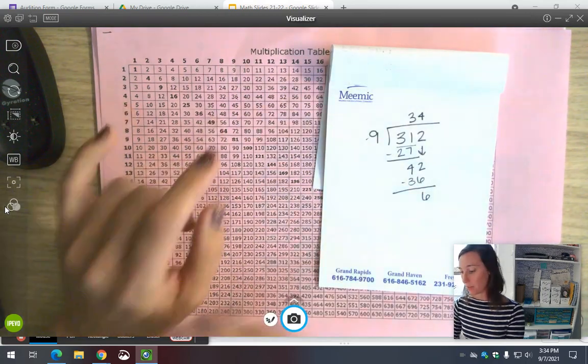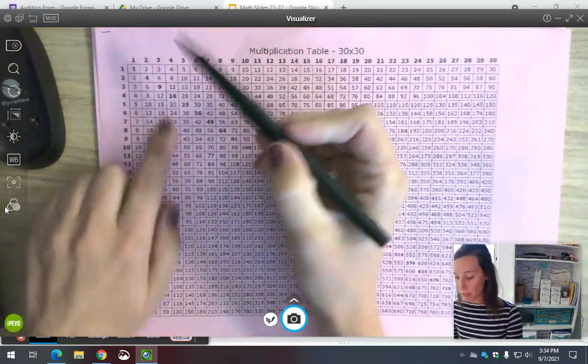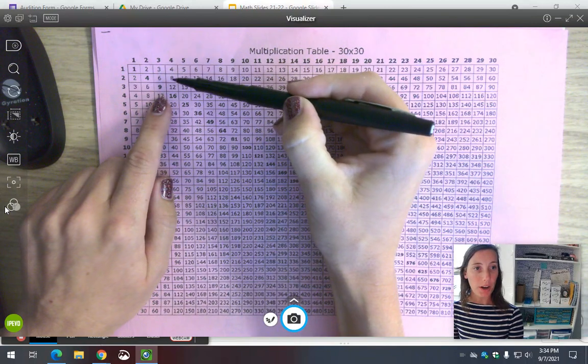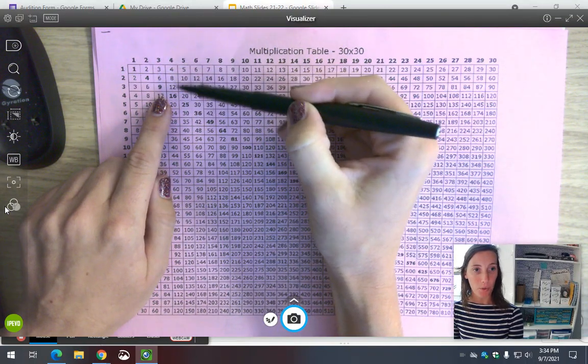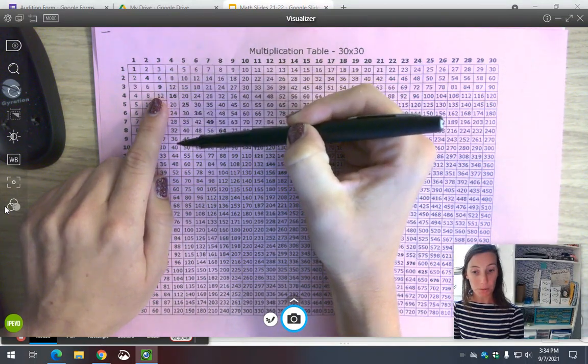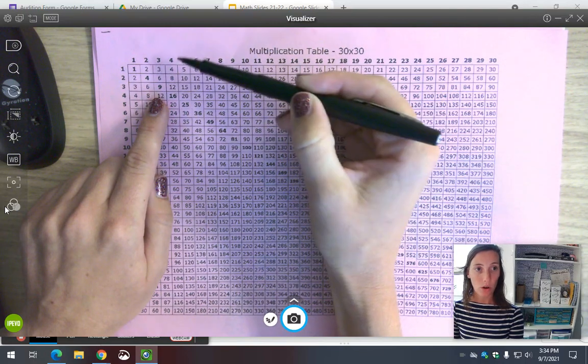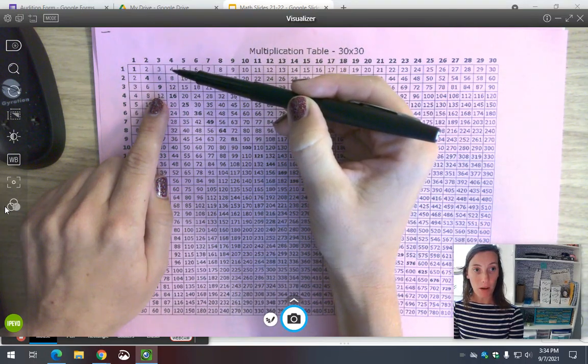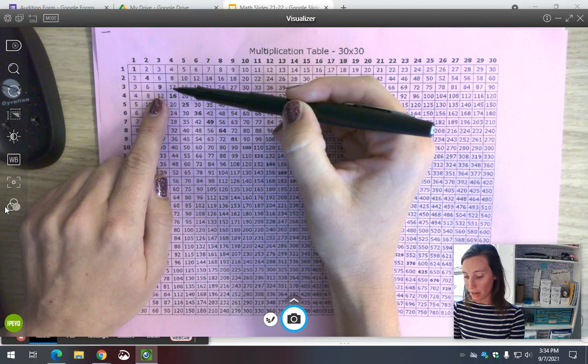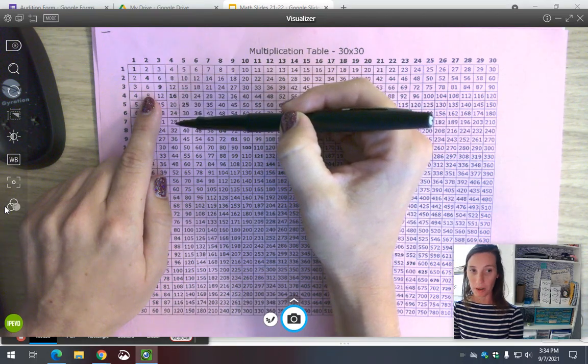The other thing to know is that as we go down a number, like as we go down the 4s, these are all multiples of 4. So if I were to skip count by 4s, I would count 4, 8, 12, 16, 20, 24, 28.